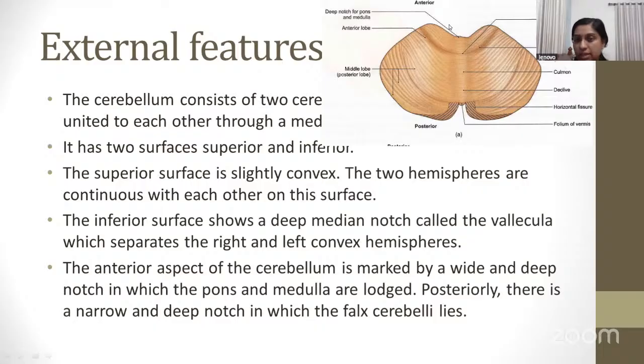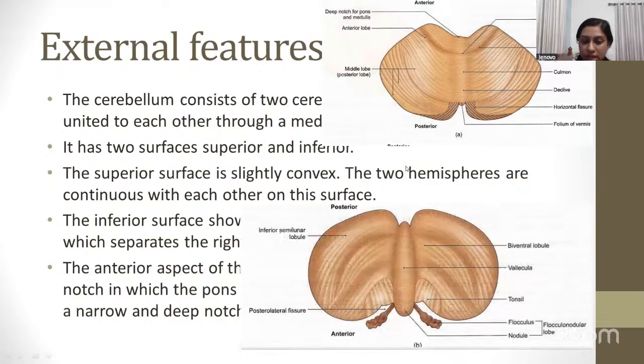In order to accommodate that, the groove is placed like this. It's shallow and wide. Whereas in the posterior part, we have a deep, narrow groove in order to accommodate the falx cerebelli. The falx cerebelli separates the posterior part of the cerebellar hemispheres.